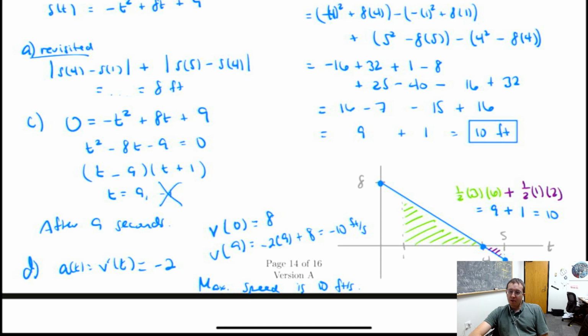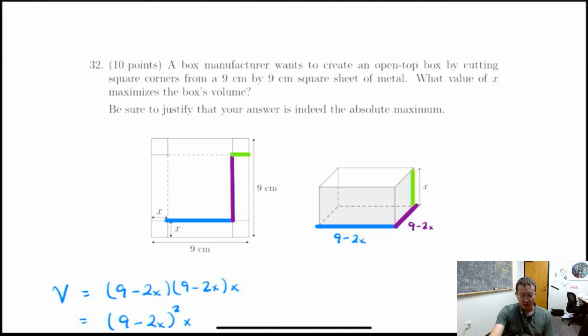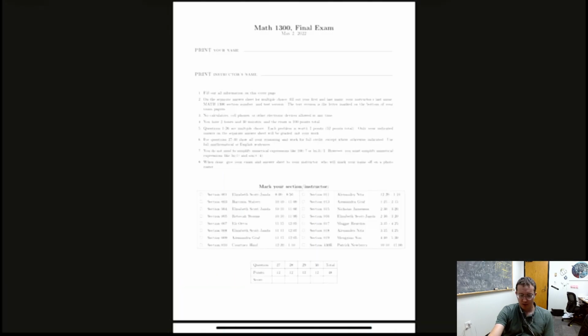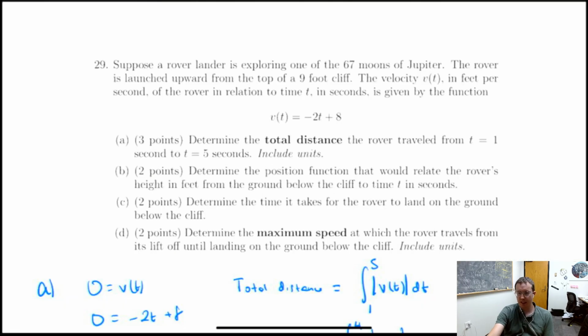Is there another practice exam we can do? On Canvas, you'll find three: the spring 2025, the spring 2022, and the fall 2019. If you mean other than those three, no, I don't believe I have any others.